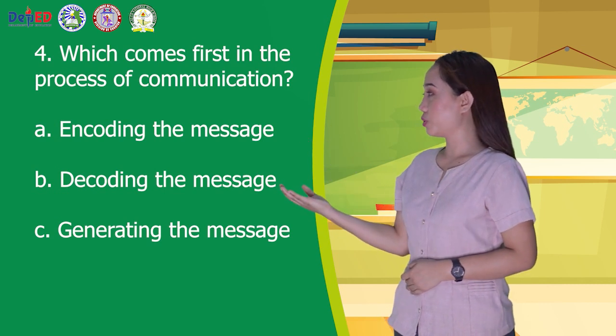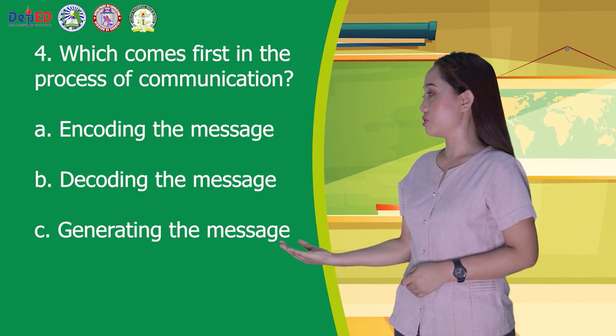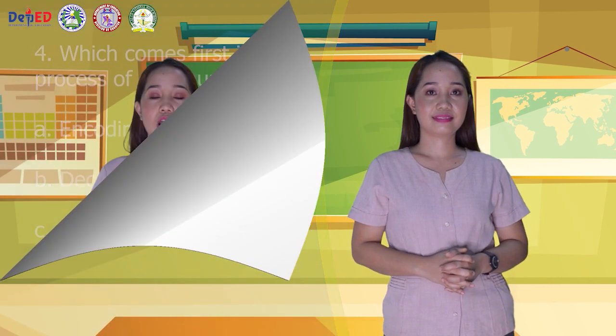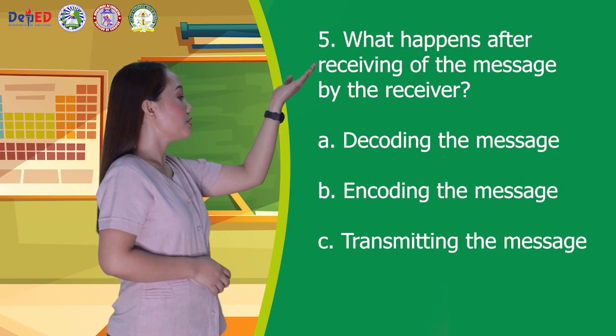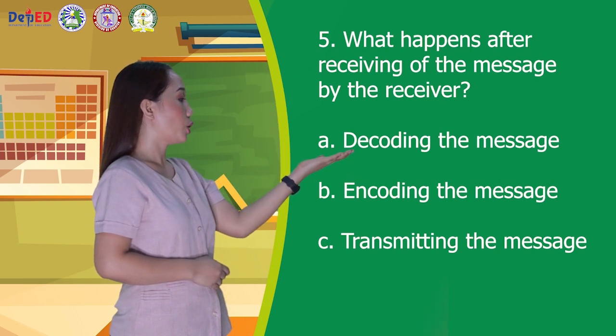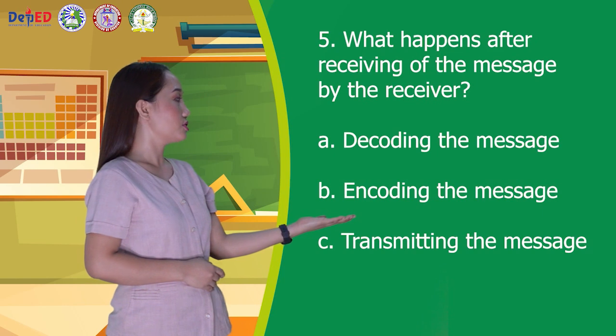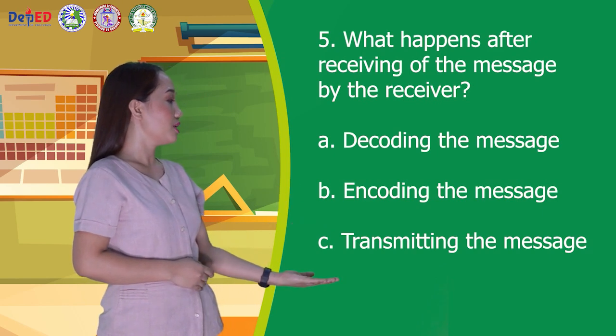B. Decoding the message. C. Generating the message. Question number 5. What happens after receiving of the message by the receiver? A. Decoding the message. B. Encoding the message. C. Transmitting the message.